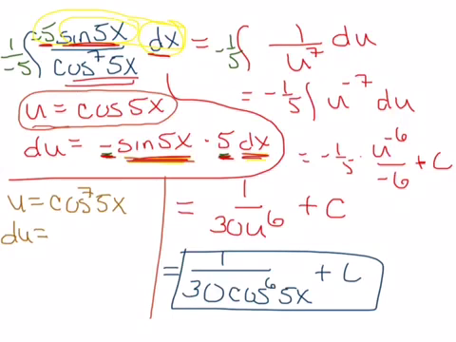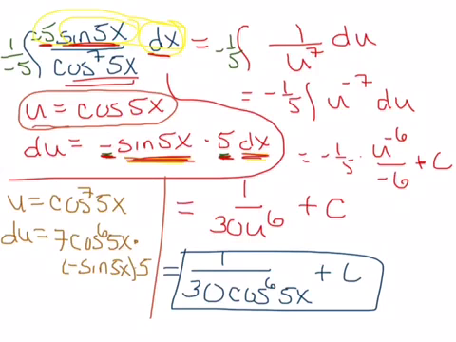Now our du in this case, remember that we've got several chain rules here, would be 7 cosine to the 6th 5x, and then from the chain rule, times negative sine 5x, and then times one more chain rule times 5.